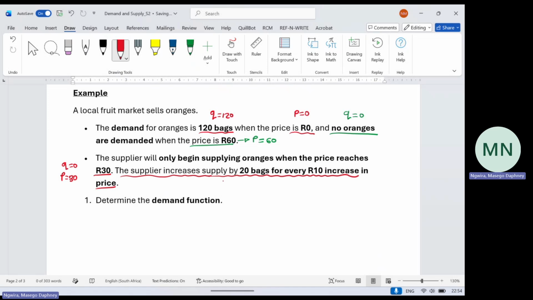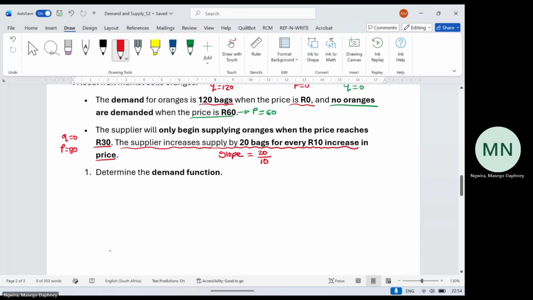So this part gives us the slope. So the slope is the change in 20 bags over the change in rand. So this gives us the slope. All right. And then now let's go to the questions.